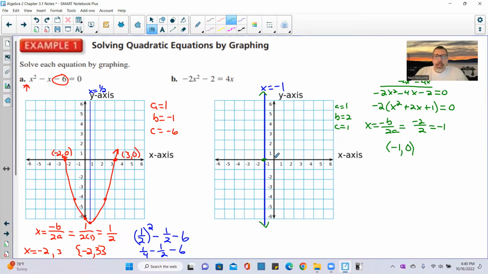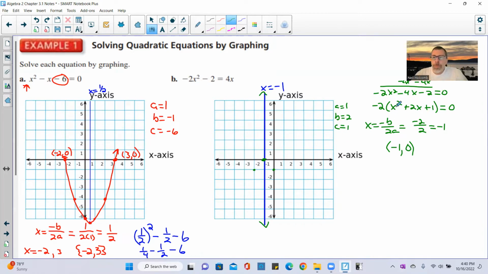All right. And then if I substitute in a 0, 0 squared is 0, plus 2 times 0 is 0, plus 1 is 1, times negative 2 is negative 2, so that would be right here. And then I don't even have to substitute in another value. I go over 1 to the axis of symmetry, then I go over 1 more because it is symmetric, hence axis of symmetry.